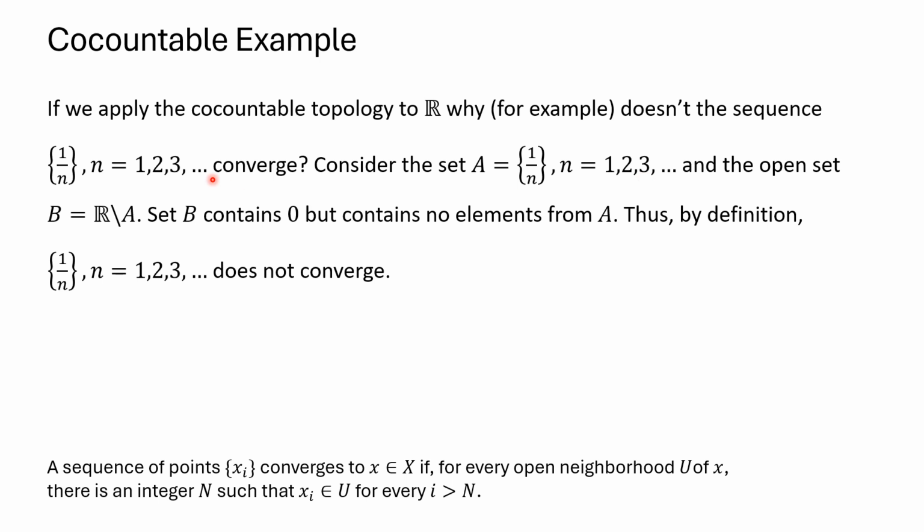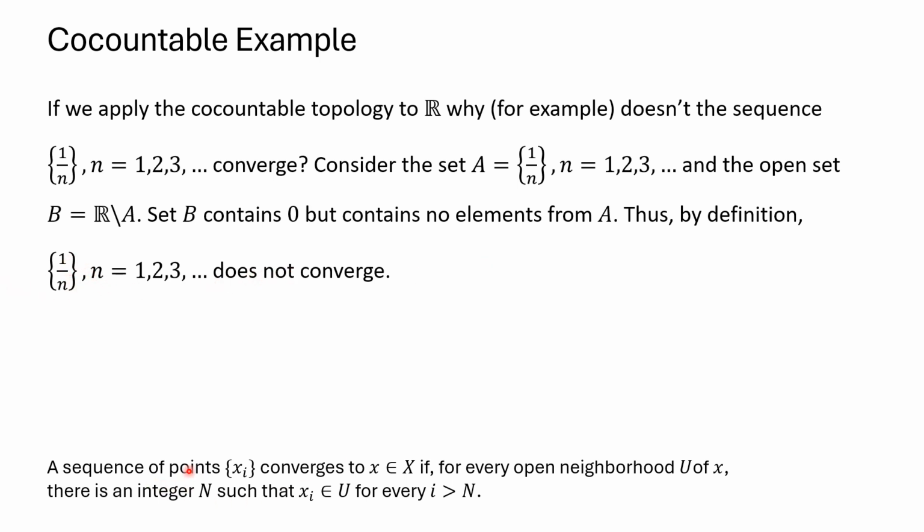Since A is countable, the complement of A, called B, is open, and that's the problem. B contains 0, the limit of this, but it contains no elements from A. Thus, by definition, the sequence 1 over n does not converge.